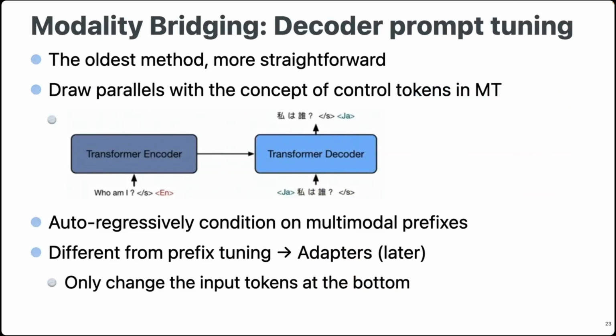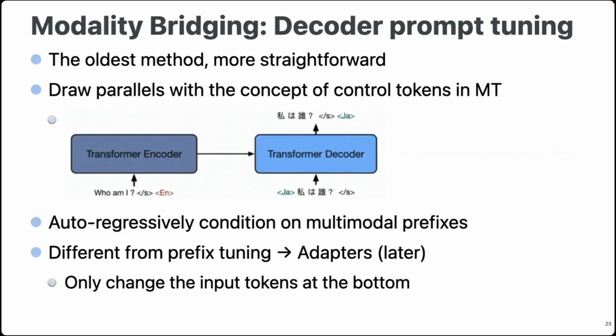Another method is what I'd like to call decoder prompt tuning. This is where we add data of a different modality to the prompt and produce the output auto-regressively. This is one of the oldest methods and is more straightforward than cross-attention, I would say.